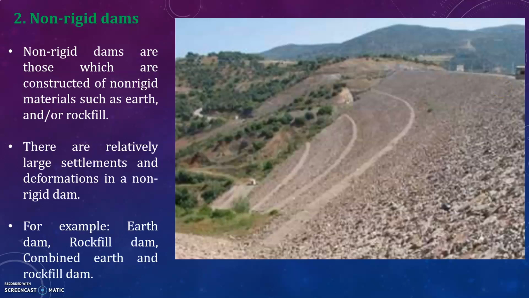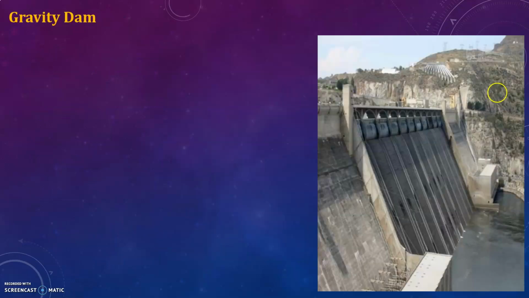For example, earth dam, rockfill dam, combined earth and rockfill dam. So this is about rigid and non-rigid dams. Now let us discuss in detail gravity dam, buttress dam, arch dam, rockfill dam and earth dam.